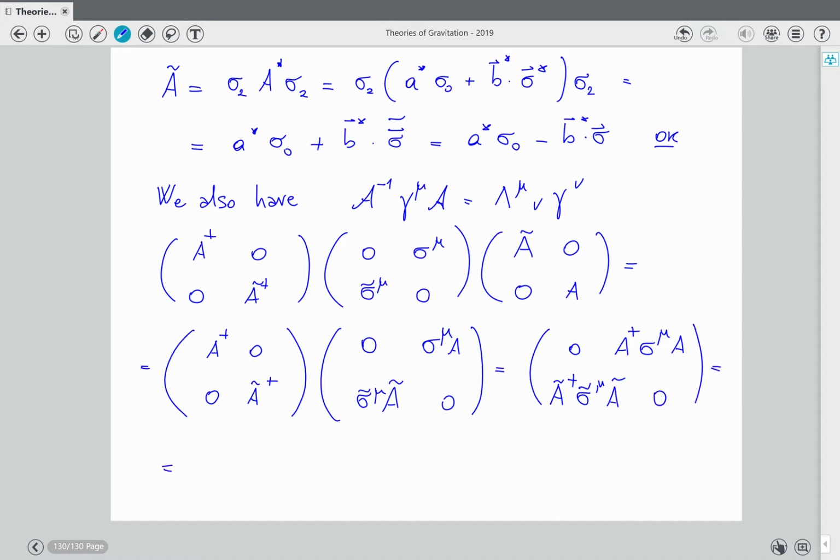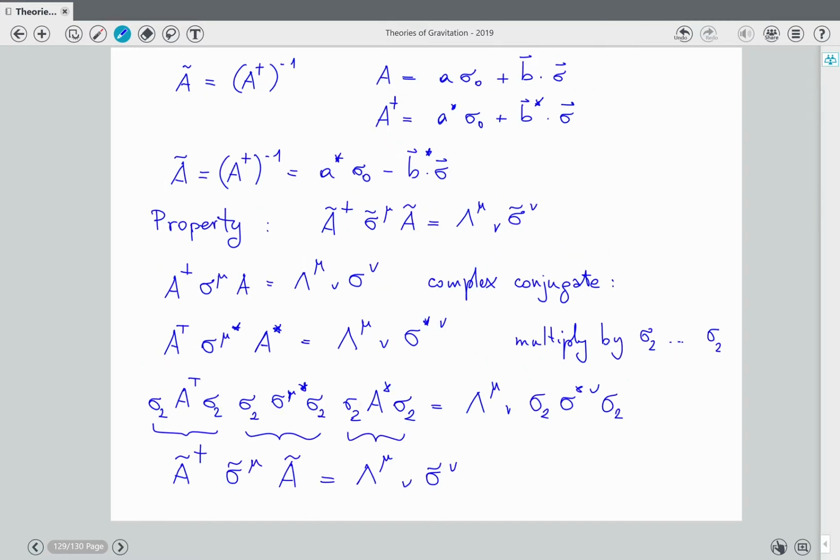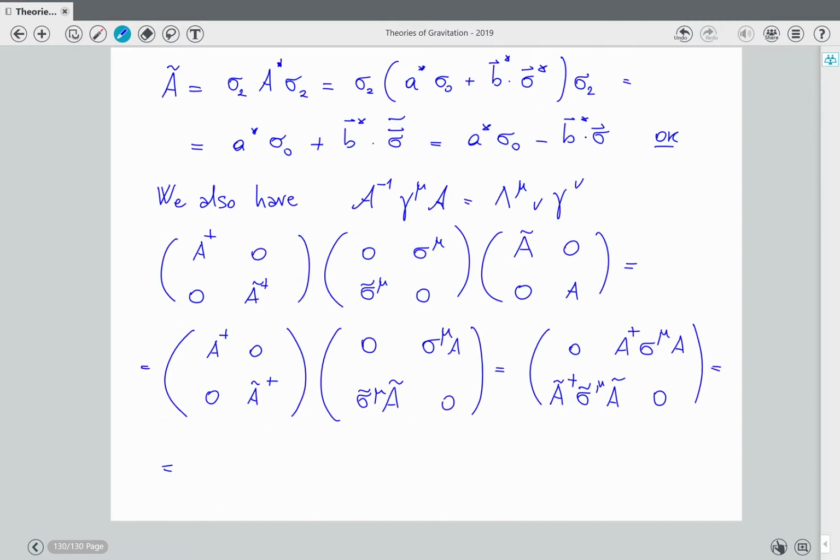And now we use the properties we have seen, namely that this is lambda mu nu 0 sigma nu sigma tilde nu, and that is lambda mu nu gamma nu. Okay.